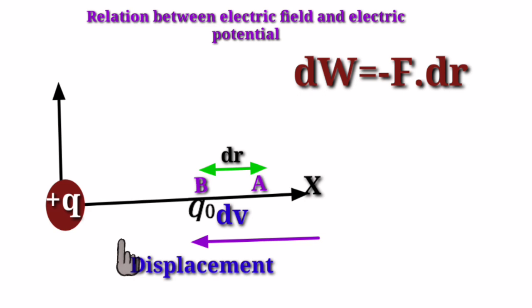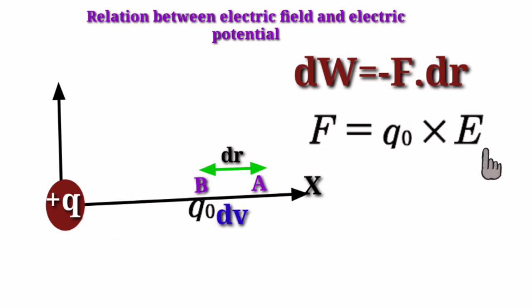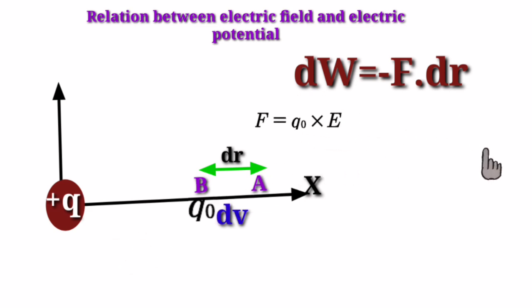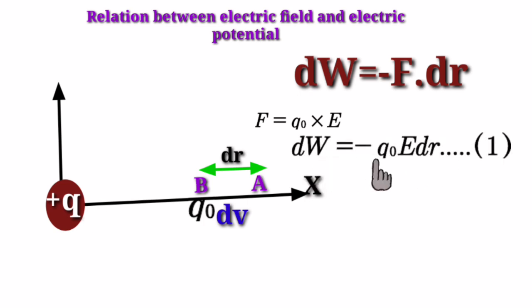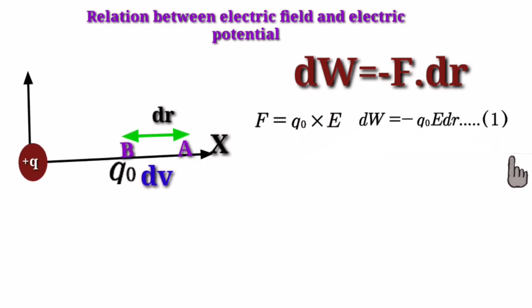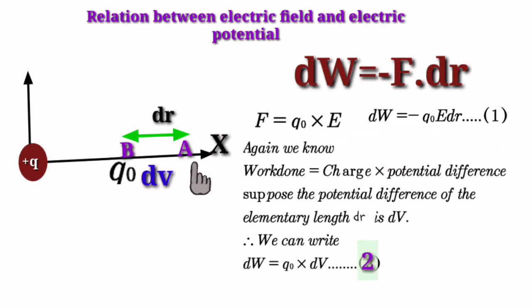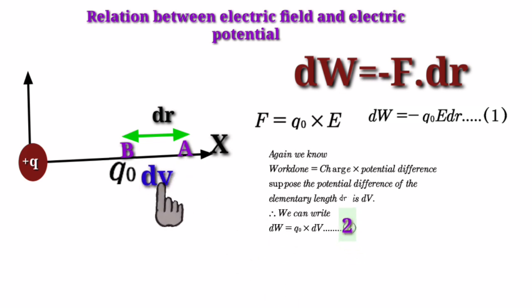We know that electrostatic force F is equal to Q0 into E, where E is the electric field. Therefore, dW is equal to minus Q0 into E into dr. Also, we know that the work done in moving a test charge from A to B is charge into the potential difference between the points A and B. Therefore, we can write dW is equal to Q0 into dV, because the potential difference between A and B is dV.